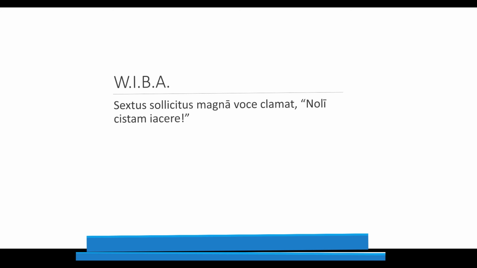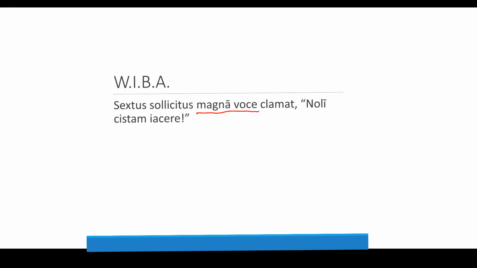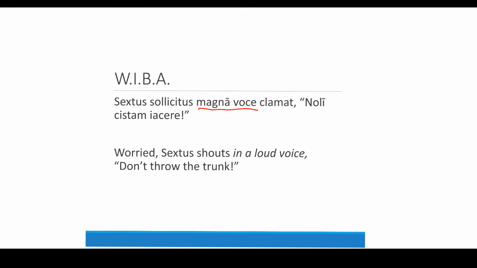One more example. Sextus solicitus magna voce clamat: noli cistam iacere. Here, our ablative words are magna voce. We know that phrase very well because I say it all the time in class. Let's look at how the translation says it. Worried, Sextus shouts in a loud voice, "Don't throw the trunk." Again, we've added the word in. That's because this sentence and the previous sentence are answering the question how.